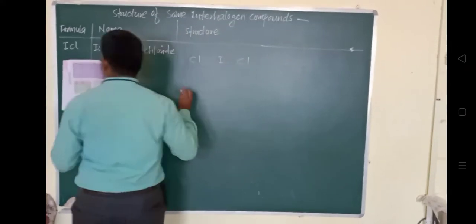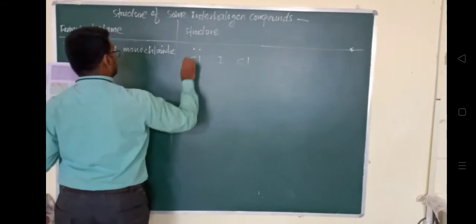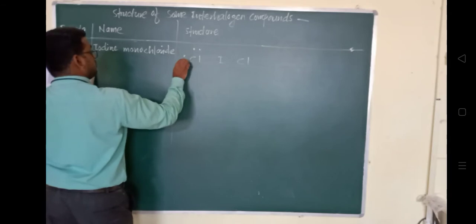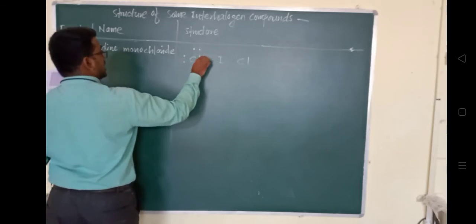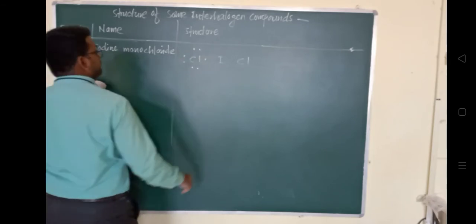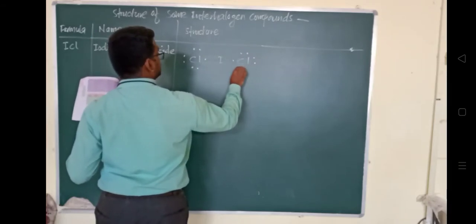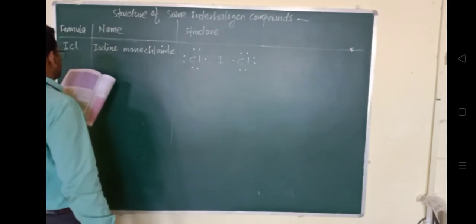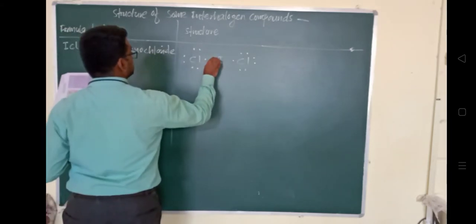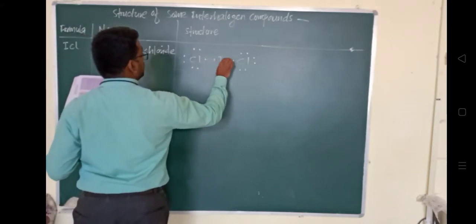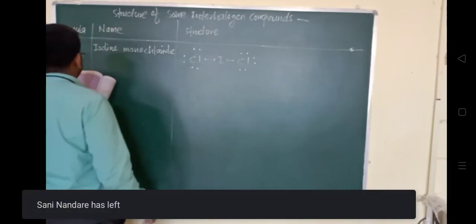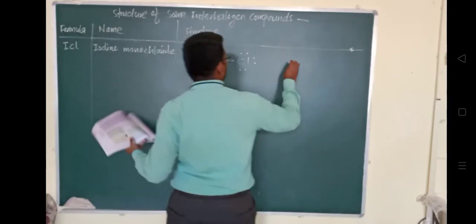So what is the shape of it? The shape is linear. In this way, the structure is formed in the case of ICl, that is iodine monochloride.